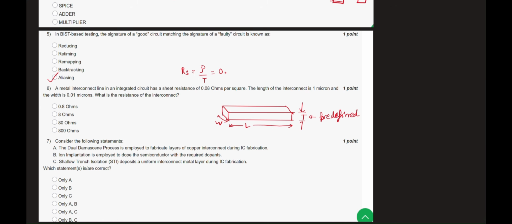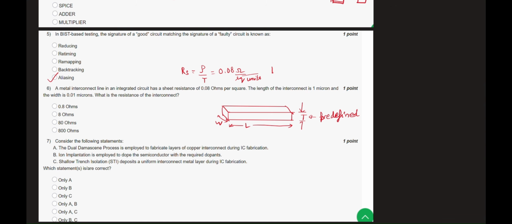So this value is given as 0.08 ohm per square, or anything you can write. Okay, I'm leaving it as square units.